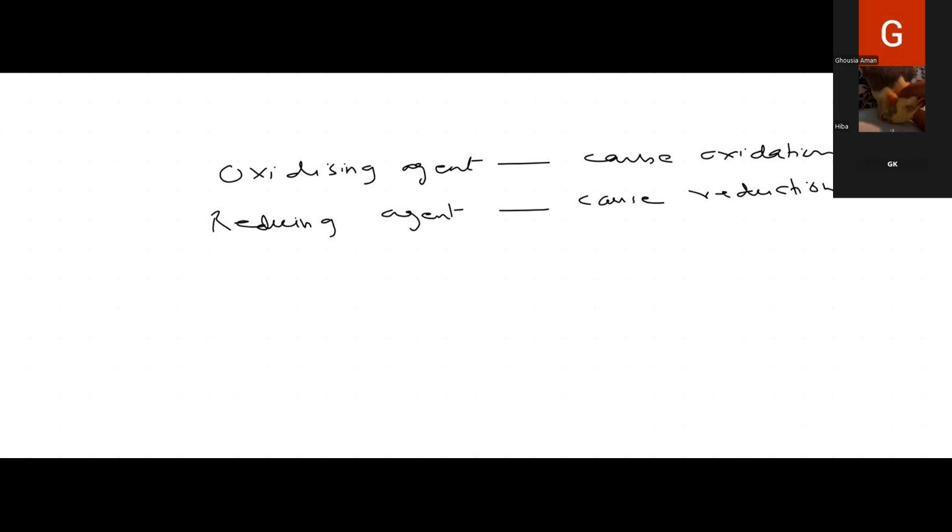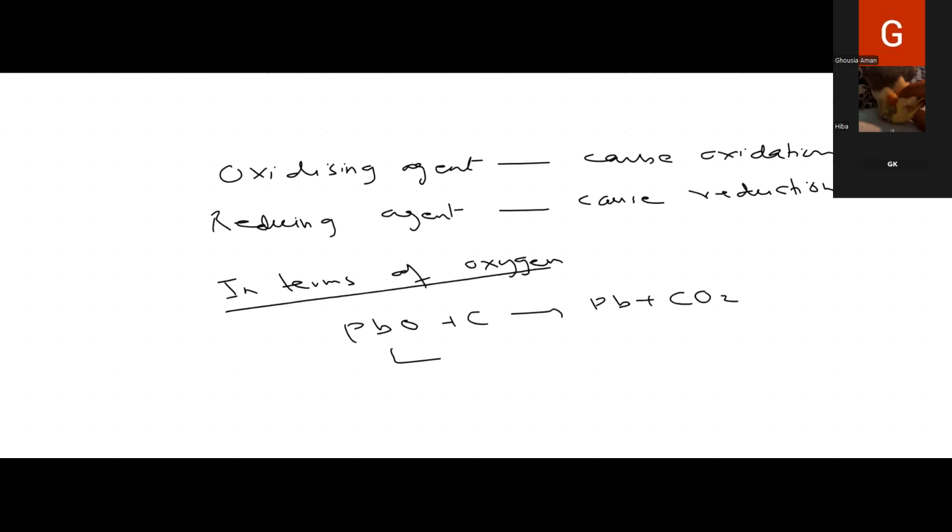How? Let's see in terms of oxygen first. So let's see, for example, lead oxide with carbon. Lead and carbon dioxide will form. So from lead oxide to lead, from carbon to carbon dioxide.